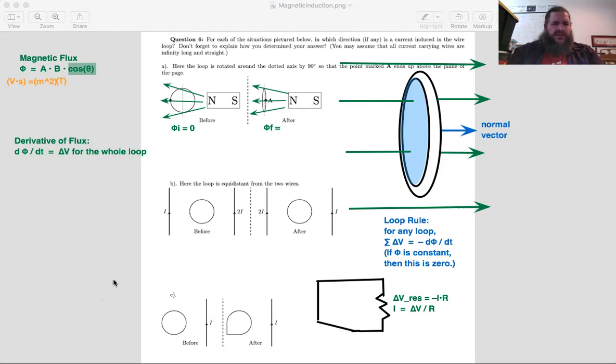So we have changed it from a loop that's flat within the page, and we've rotated it something like this.